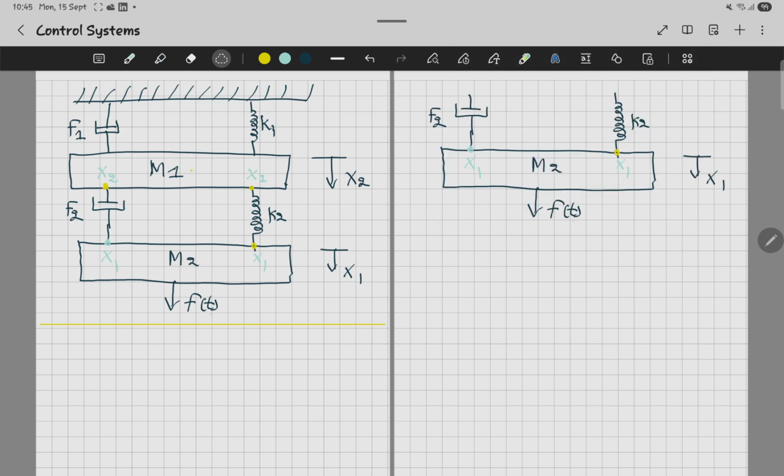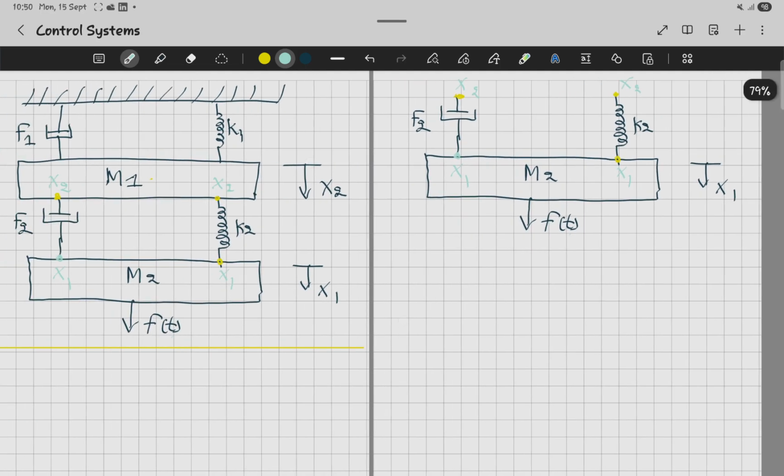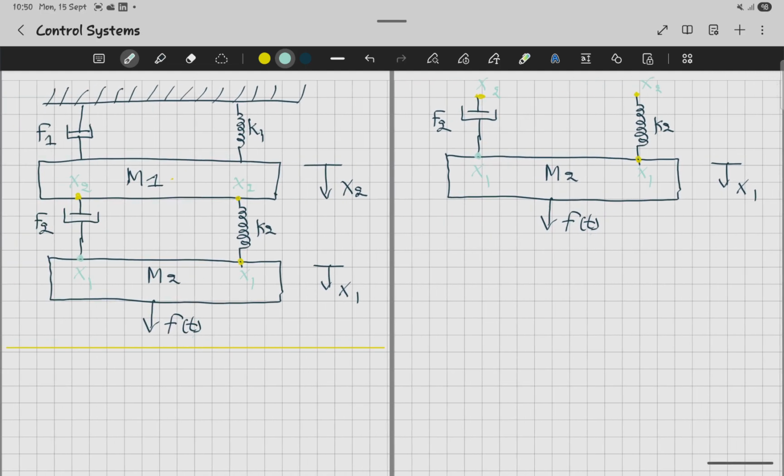Now don't forget to add x to those, and it was x2. This is what you have on m2.